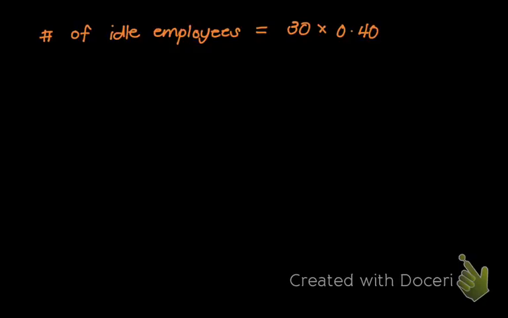So to know the number of employees that are idle, so number of idle employees is just your 30 times 0.4, which will give you 12 employees.